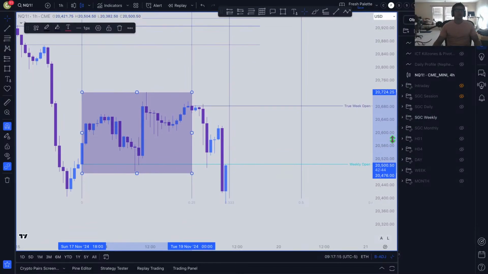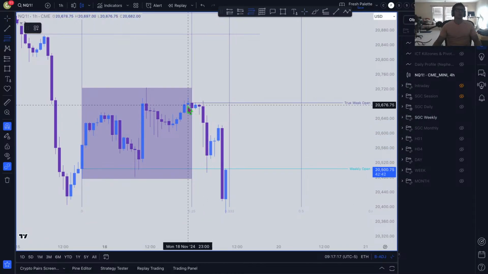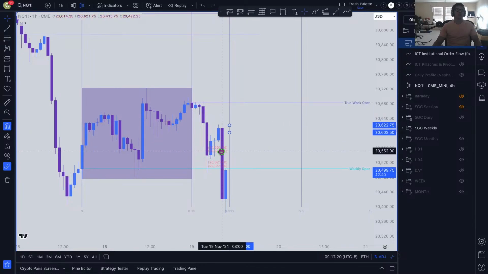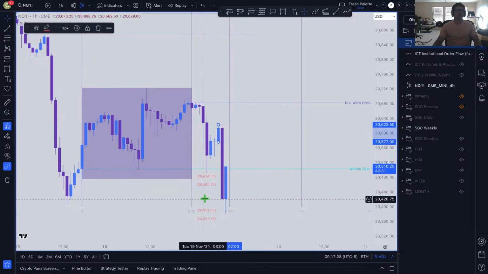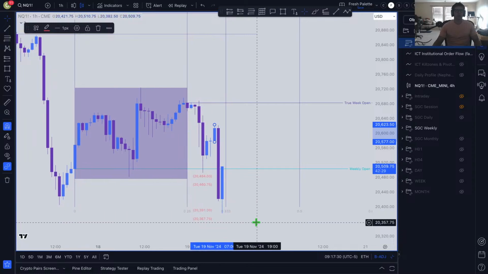I don't see any significant projections except for maybe this, which has met its end. This really didn't take out liquidity, right? So you could argue that's a distribution area, but it doesn't even matter because we met the second distribution area for that anyway.